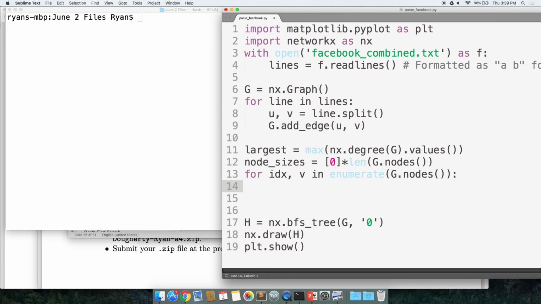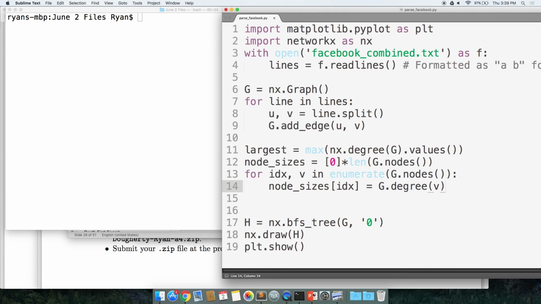So now I want the node size of this particular index to be the degree of this vertex v normalized by the largest number. To get the degree of a vertex, you call g.degree of v.